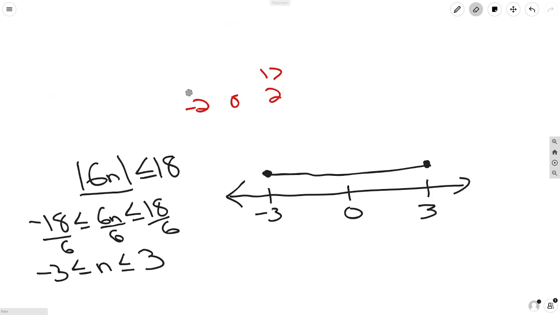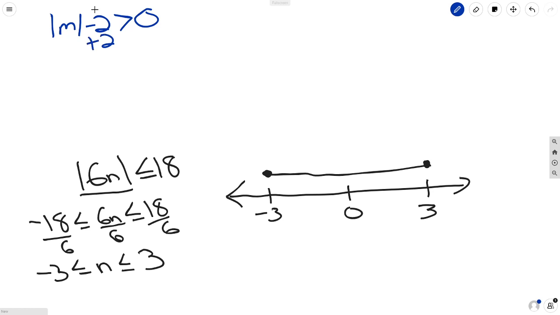So let's look at another one here. The absolute value of m minus 2 is greater than 0. So remember, we have to isolate the absolute value before we do anything else.